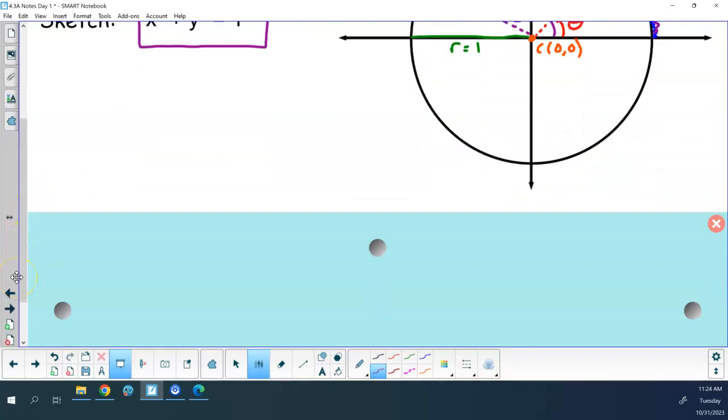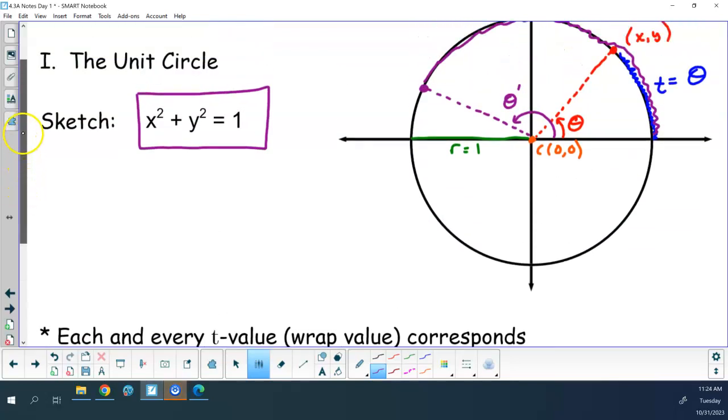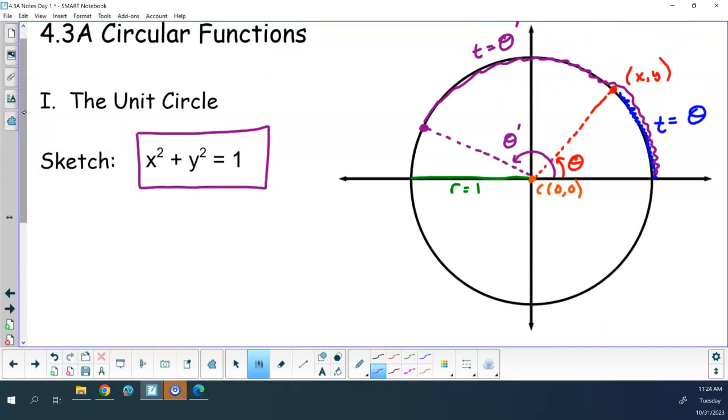Put it into words. Each and every t value, our wrap value, corresponds to a point in the xy plane. We are finding two different ways to get to a point. That's what trig does for us. It gives us another way to get to a point. So if I want to go to my red point, I could Batman and Robin it. I could drive down this road, make a left turn, and drive up that road and get to the point.